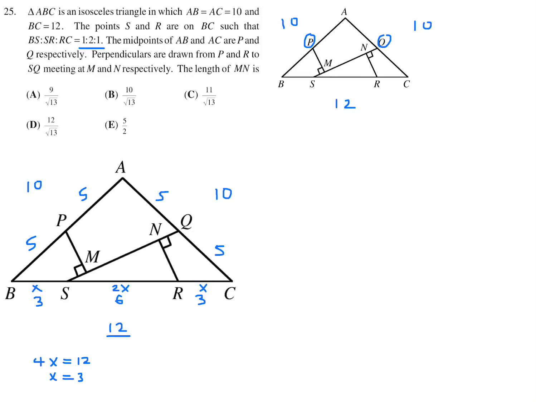And I now need to start drawing in some relationships. So I'm just going to draw this perpendicular here from P to S, like that. And then I'll draw one right across from P to Q. And I think that should be it. I think that's all we need to solve this question.